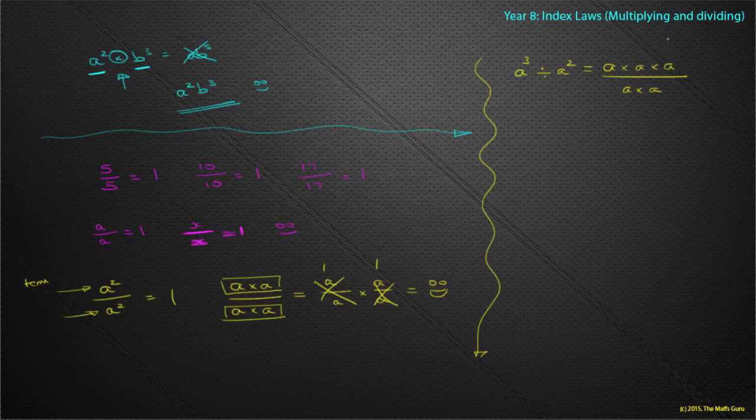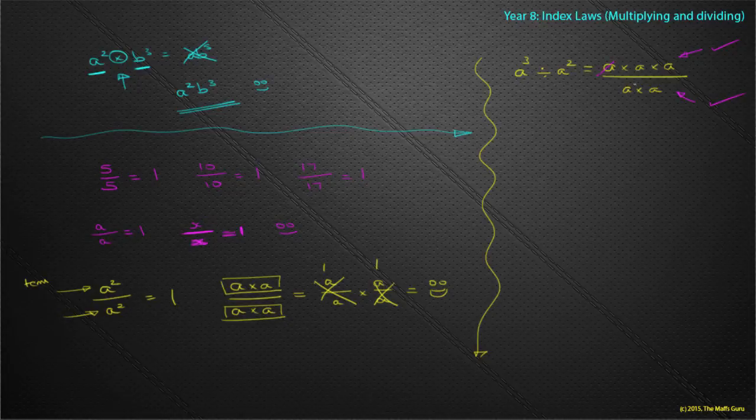So listen to what I'm about to say. When you do these type of questions, ask yourself, are all the tops connected by kisses? Yep, all the tops are connected by kisses. Are all the bottoms connected by kisses? Absolutely. So now I can use the rule that a letter divided by itself, or a number divided by itself, is equal to 1.